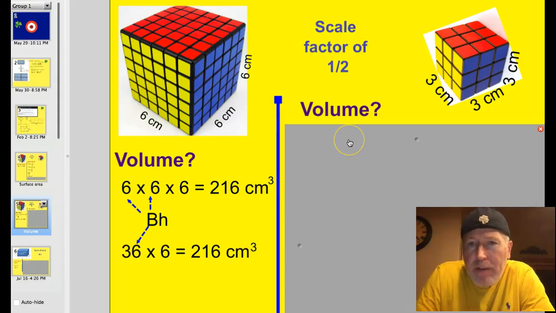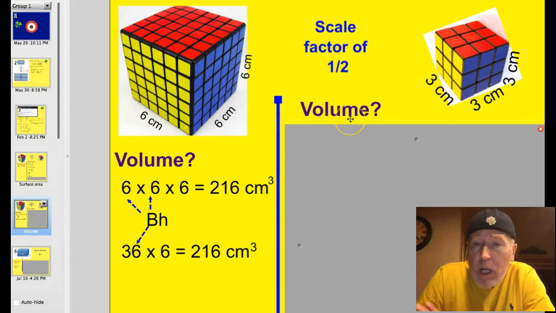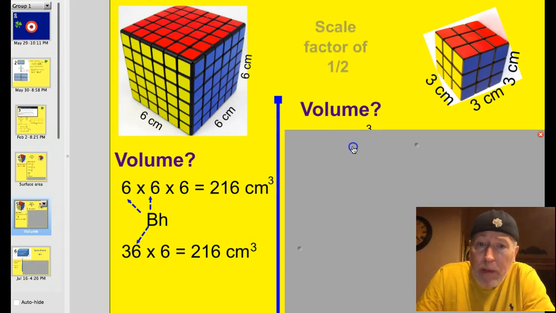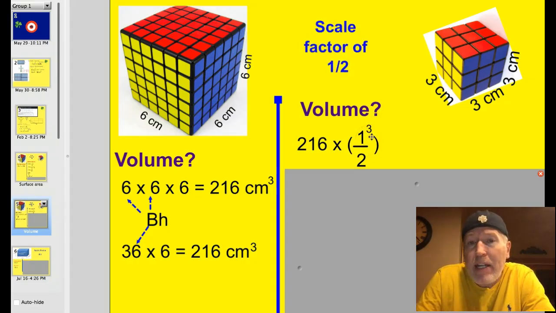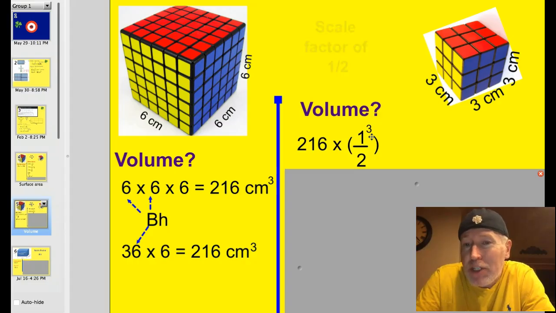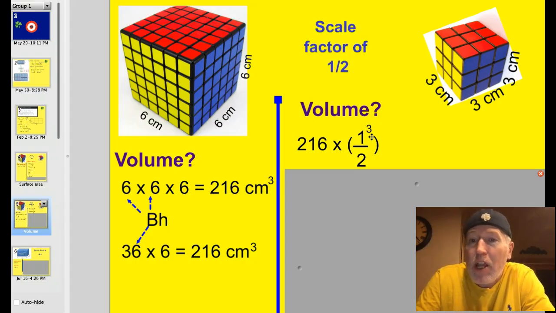All right, scale factor. Our scale factor is 1/2, so how do we use that to find the volume? Well, let's pop our original volume in. 216 was our volume, and we're going to multiply that by the scale factor cubed. We've added a third dimension, so now we're going to use the scale factor cubed.